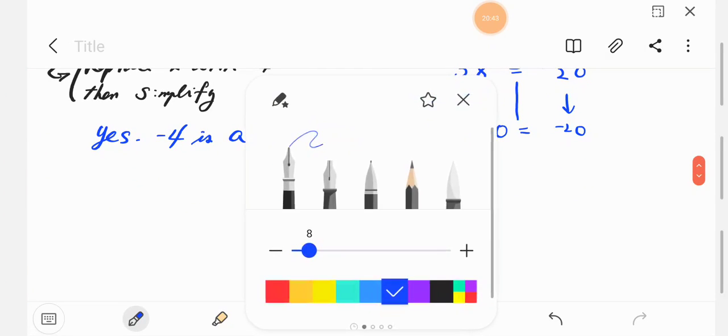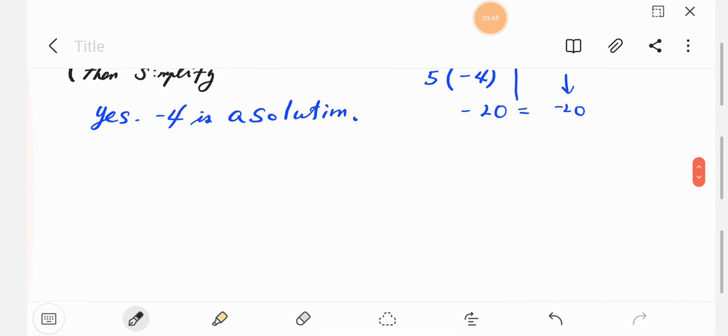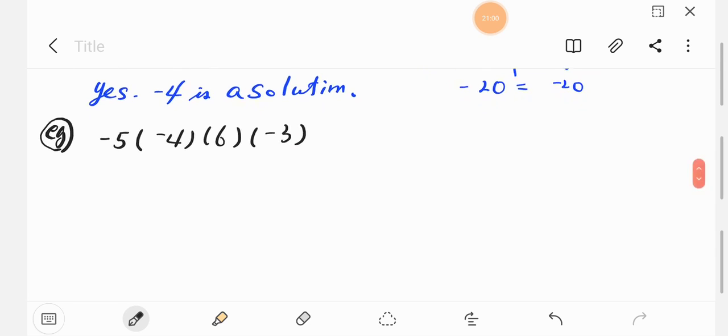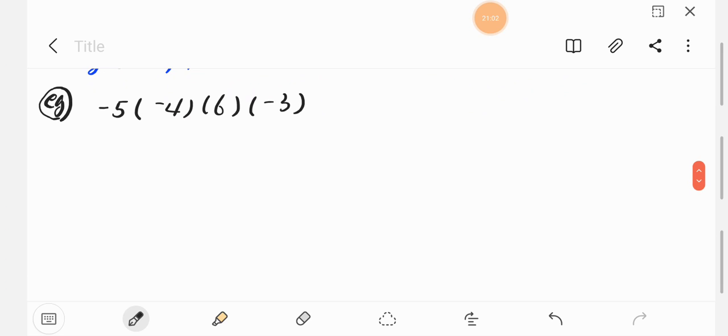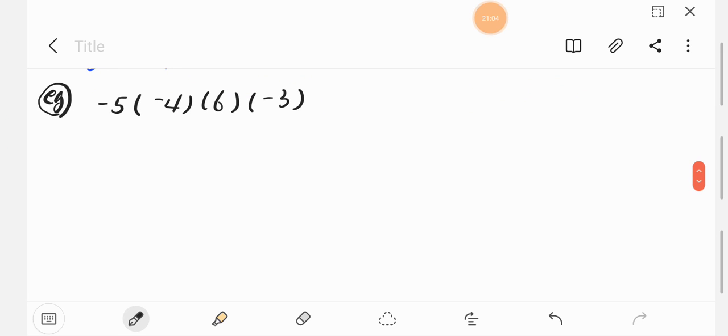All right, then let's try the next example. Okay, the next one is a product of multiple numbers. So let's multiply negative 5, negative 4, 6, and negative 3. So let's multiply these four numbers. Do you remember the earlier example?